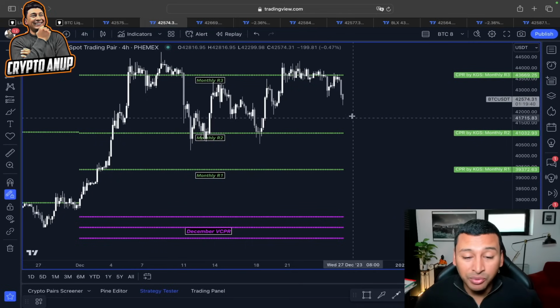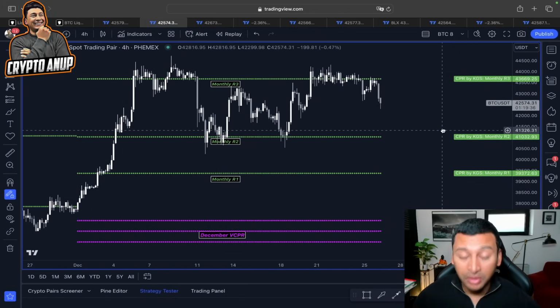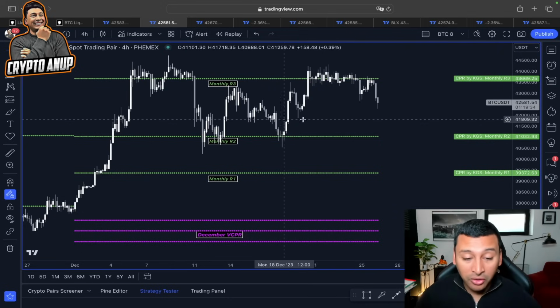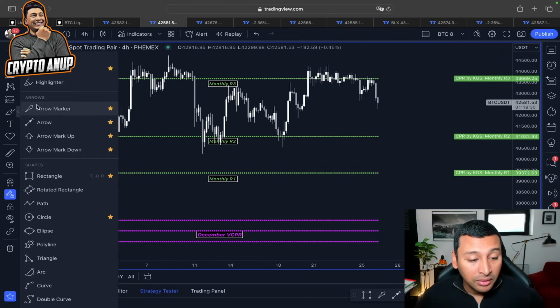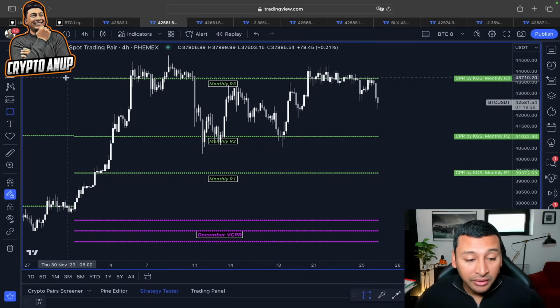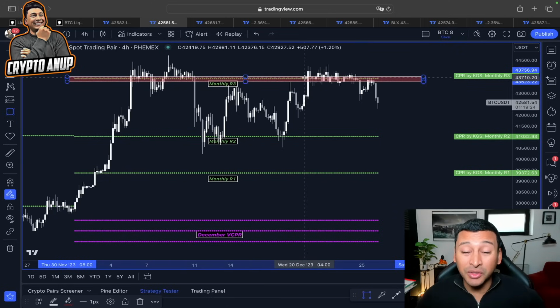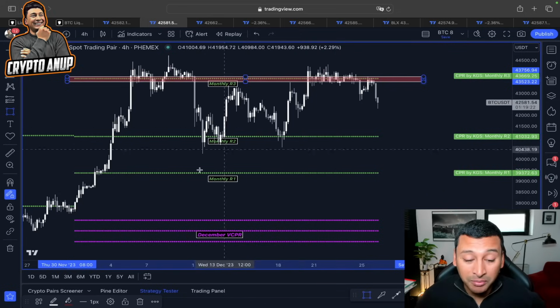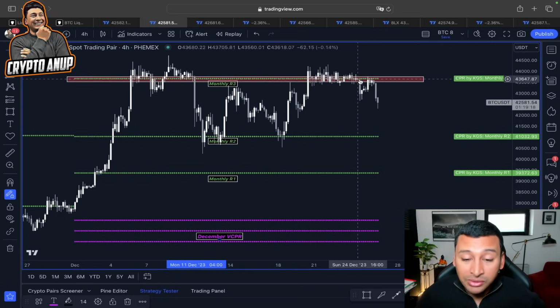Because if you look at this price structure again using this leading indicator, I mean our pivot points, we are failing to find proper support above this monthly R3 line, because this monthly R3 was the best case target for Bitcoin for this month of December according to our leading indicator. So we failed to find support above it and started this corrective move.